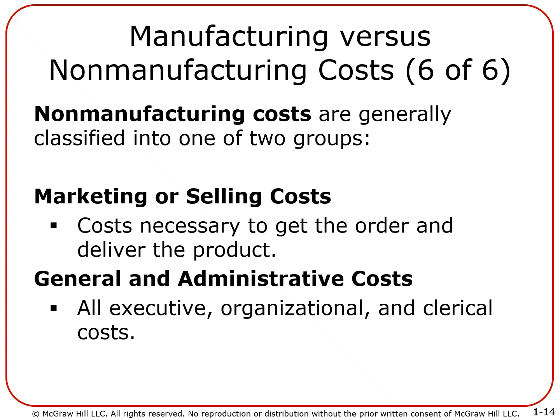You have the IT department. None of these people are directly linked with manufacturing. In fact, maybe they do not even know how to manufacture the item, but of course, their job is essential. So we are calling this admin costs. Again, non-manufacturing costs we could classify into two parts: general and admin costs, and then marketing or selling cost.